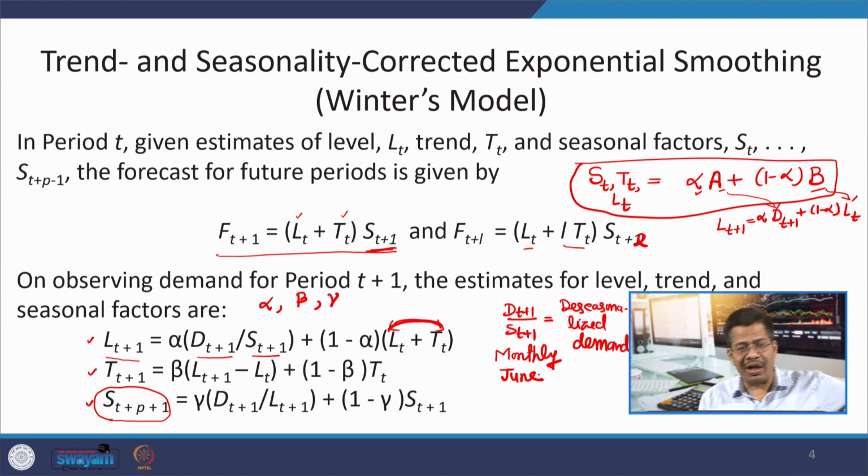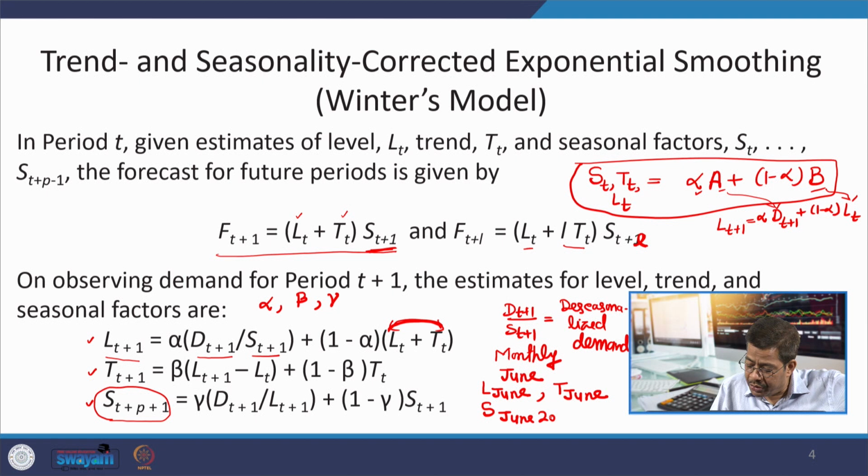So, if I want to calculate L(t+1), let us say it is L for June, T(t+1) is for June, and S(t+p+1) is S for June 2025. All these are June 2024, this is also June 2024, but this P means the number of periods.